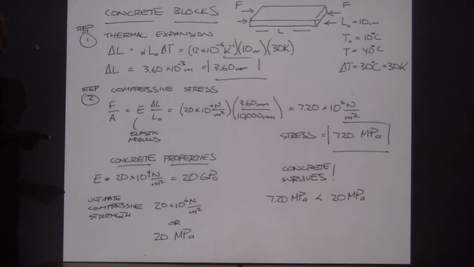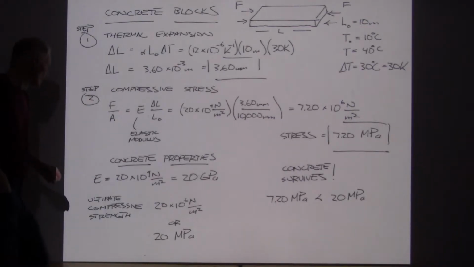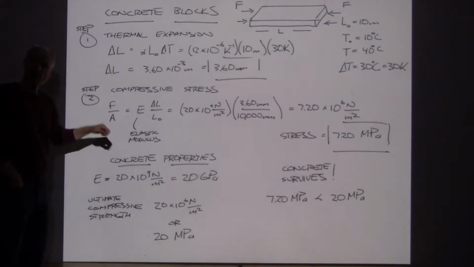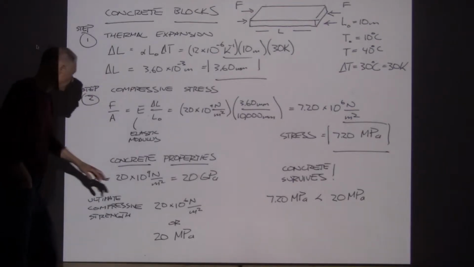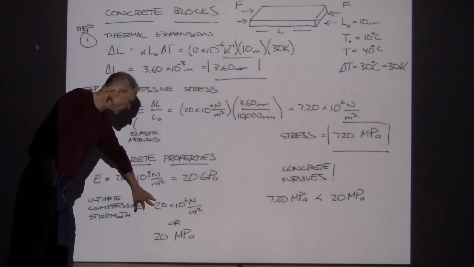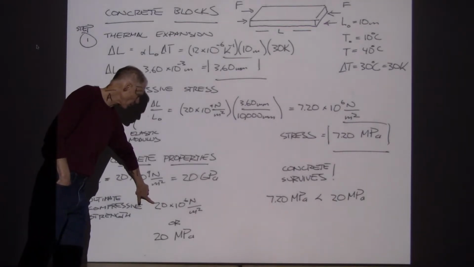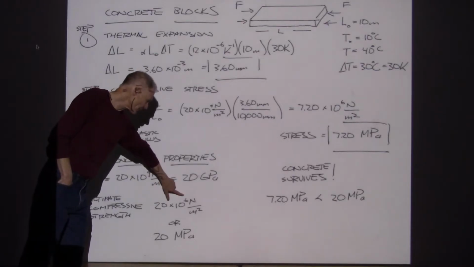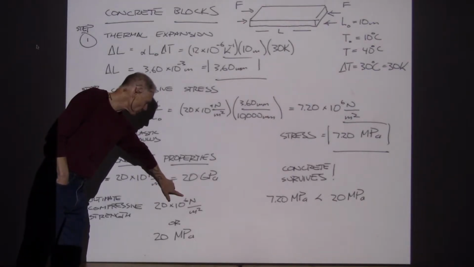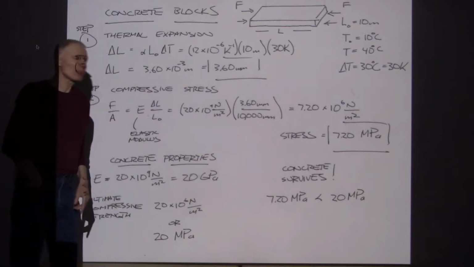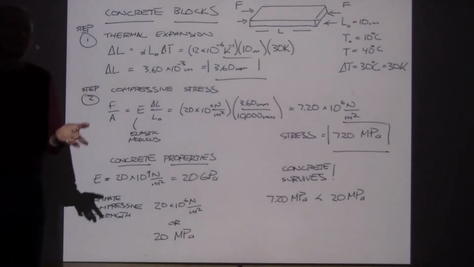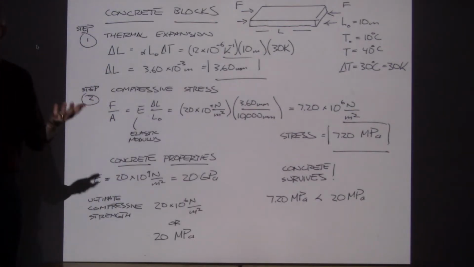Now, I also went back to chapter 12 and looked this up. Concrete can tolerate 20 times 10 to the 6th newtons per square meter, or 20 megapascals. At 20 megapascals, concrete will begin to fracture.